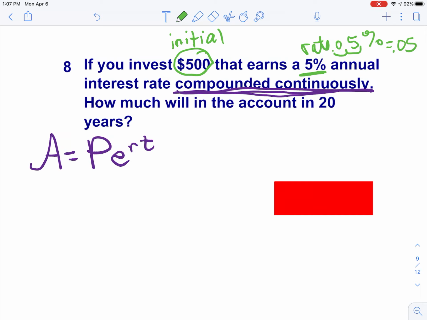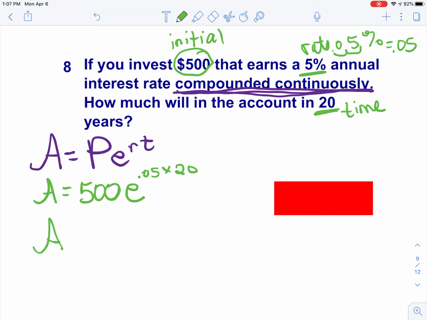And then the only other thing we need to know is, what is our time? So now we have everything to put in. So A equals 500 E to my rate 0.05 times 20.